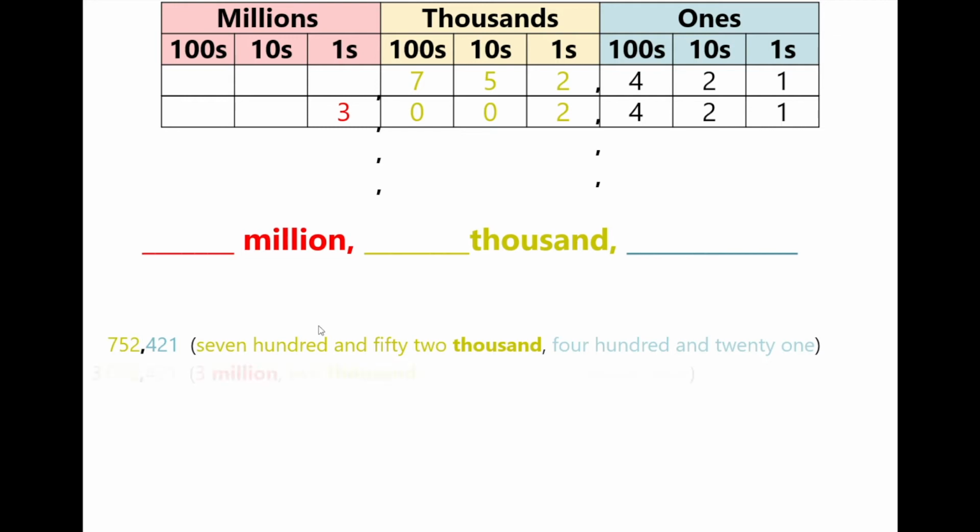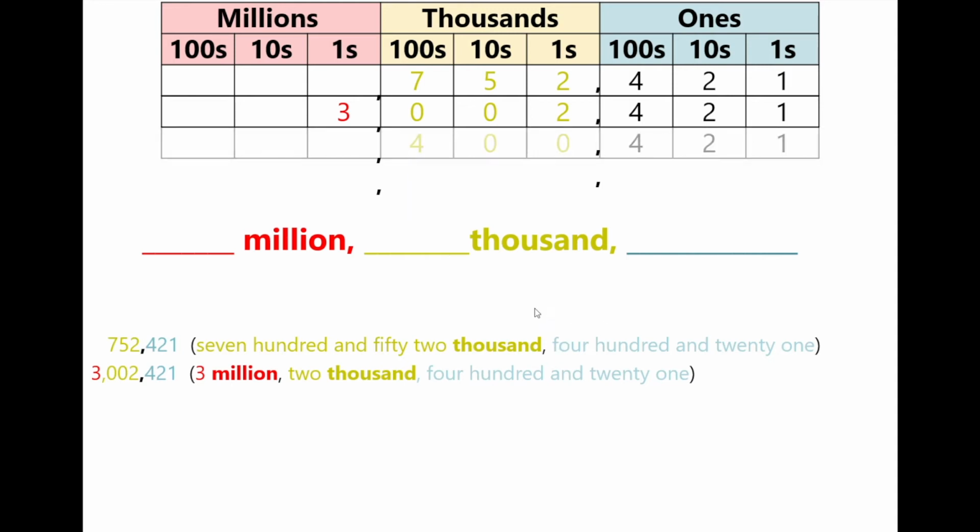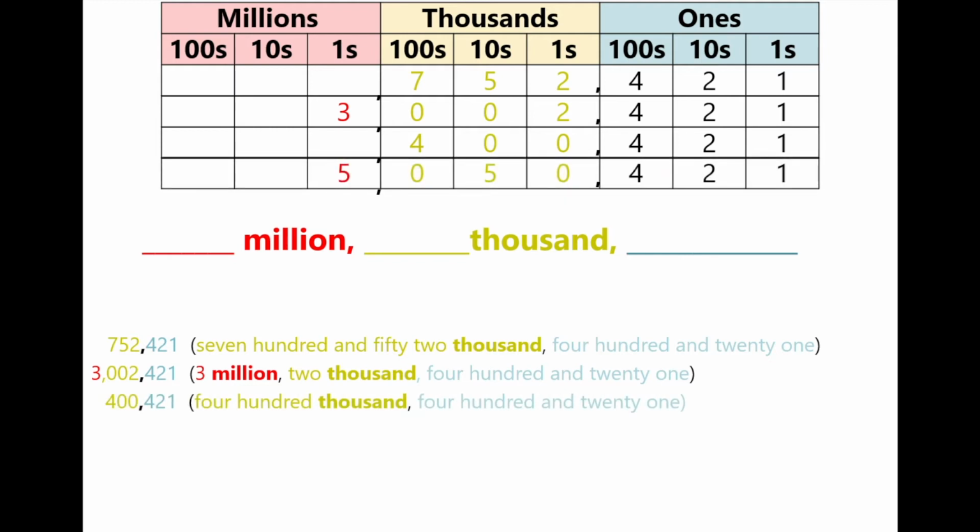That was 3,002,421. Name this, please. 400,421, and this number. 5,050,421.